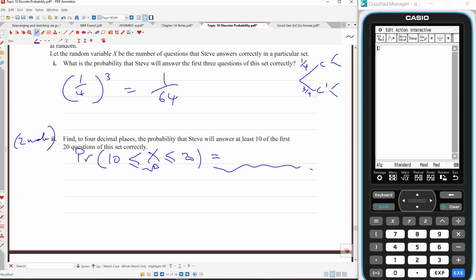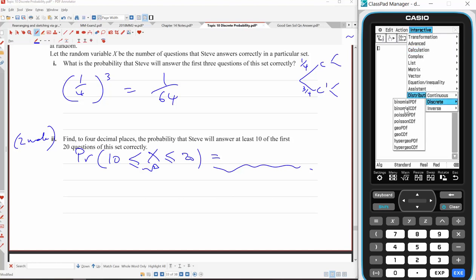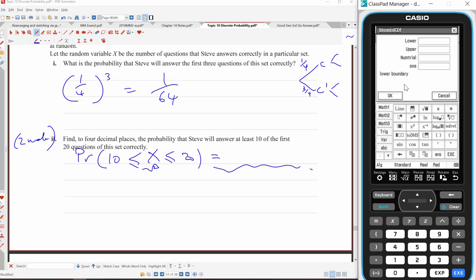So I'm going to show you the probability first of all, and then I'll show you what you need to do for your 2nd mark, or in this case, what you should have done before you get your 2nd mark. So we're going to do our distributions, discrete, and what we want is CDF, because that allows us to set a lower and an upper. We're going to do this 20 times, and the probability of success is equal to 1 in 4.